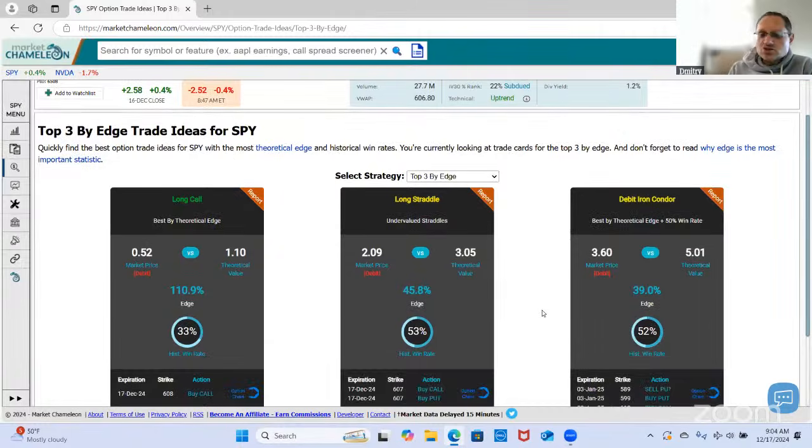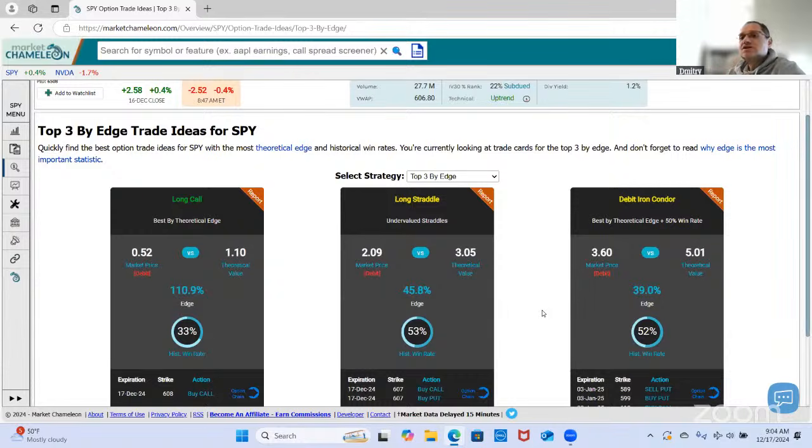And these cards are looking at different option strategies that we have screeners available for. These particular trade ideas are filtered from our preset filters that we have out of the box.